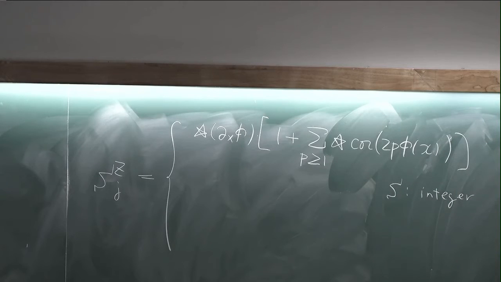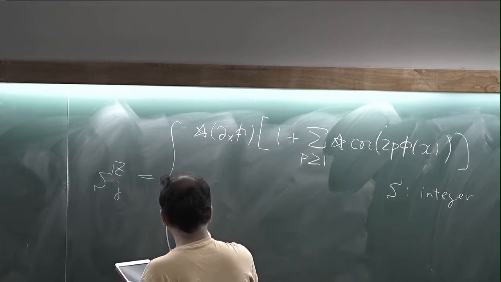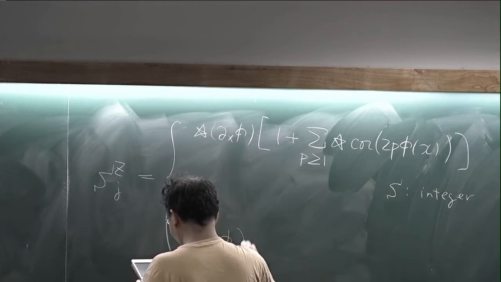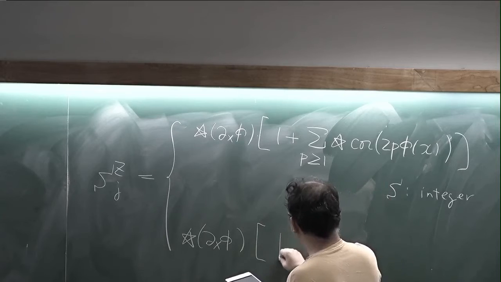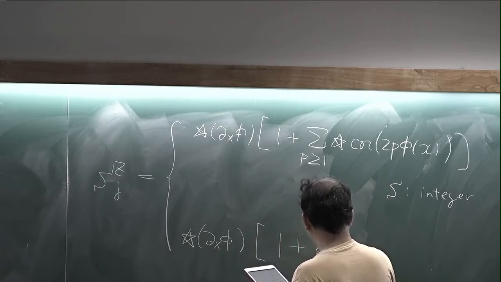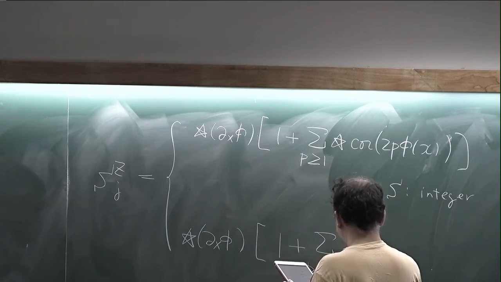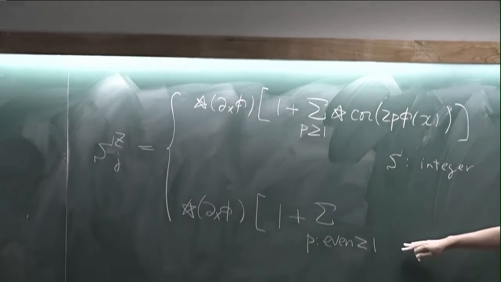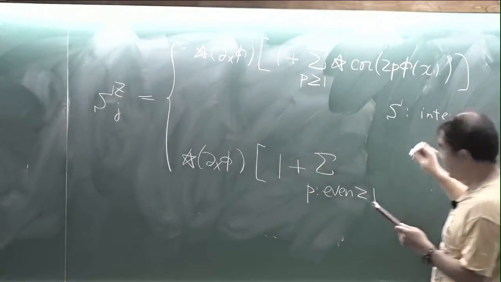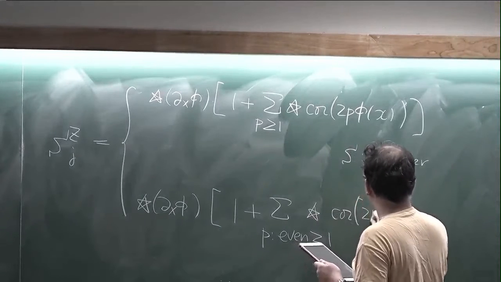But if you do the same integral over the unit cell for half-integer spin, you obtain a somewhat different result. So you have a different expression for even and odd p. When p is even, you have basically the same result, cosine of 2p phi.